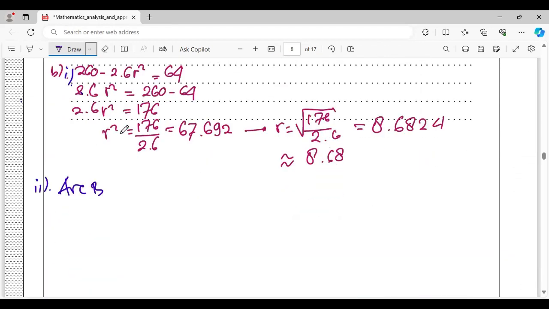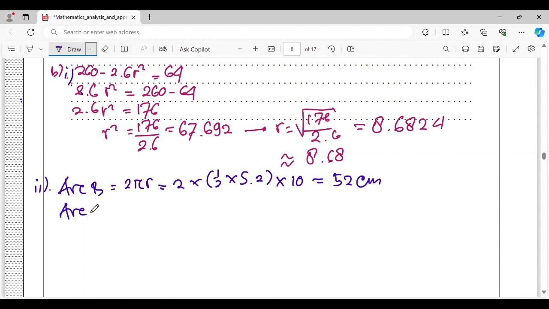Right. So arc B, the formula is r theta, so 5.2 times 10. It is 52 centimeters.